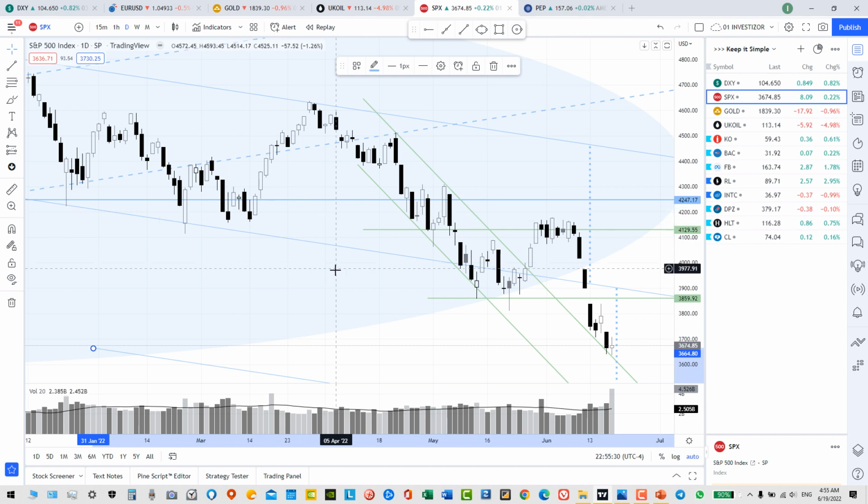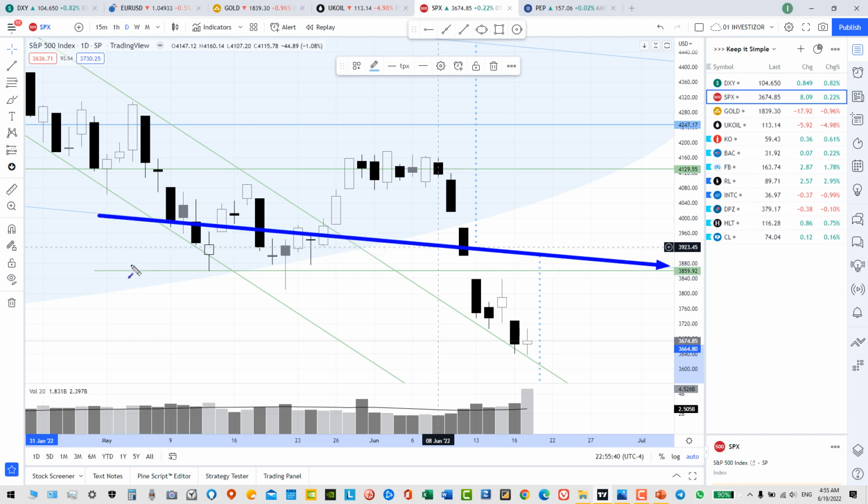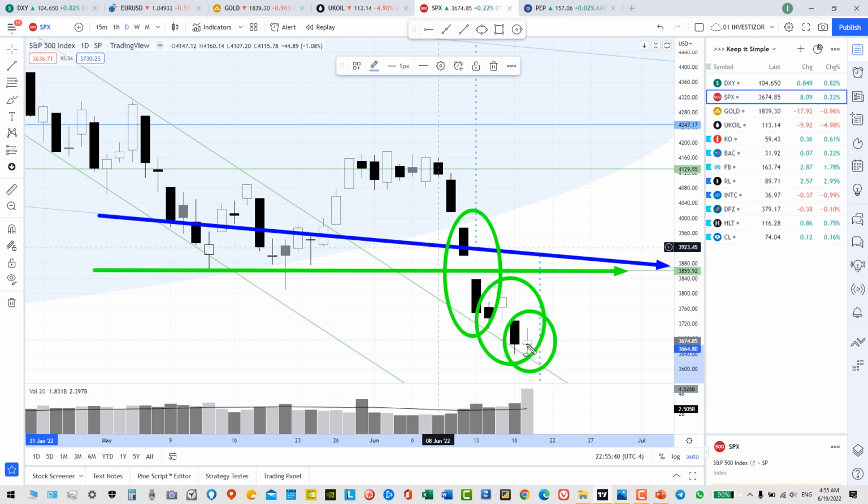The microscopic picture is showing that the index broke to the downside both the downward channel line and a relatively short-term support, and both were broken with a gap and confirmed the break with around 3 or 4 sessions. The final one of them was the close of the week on Friday.